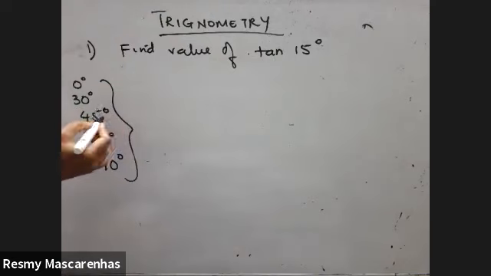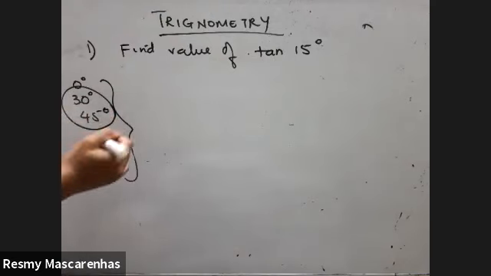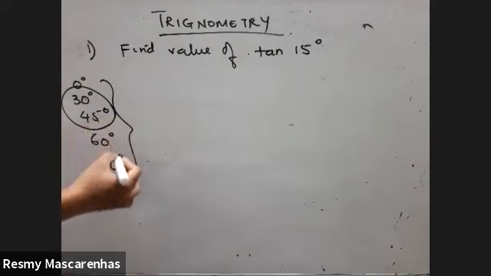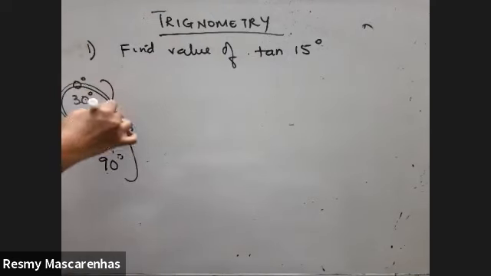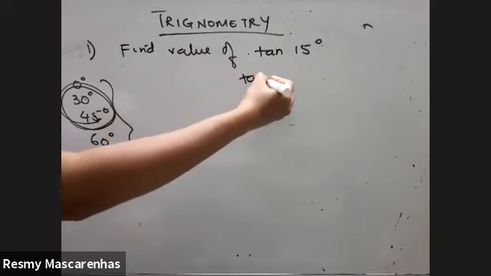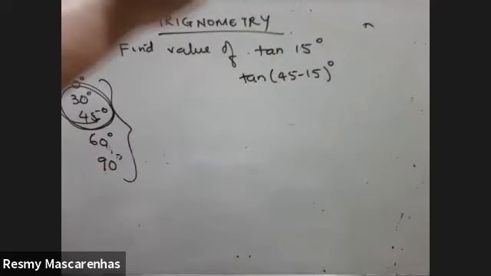So now you know that it is what? In terms of this 30. Okay, the plus minus you have to check. You can do either 45 minus 30 or 60 minus 45. Whichever way you do, you'll get the same answer. Next, I'll take this one. Okay, 45. So this can be expressed as tan of 45 minus 15.